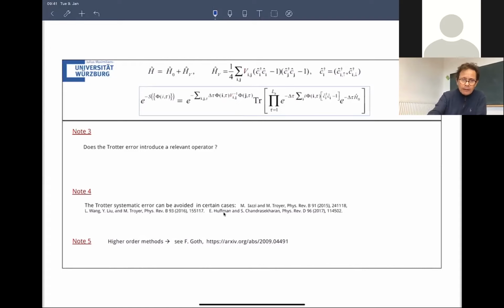You can talk to Emily Huffman about this. And I think that it's not as general as what we can do with the Trotter. And then finally, if you're interested in higher order methods, then you can ask our chairman. He has been working a lot on these Trotter decompositions. So you see, just the time we take for Trotter, you may say it's a detail. It is a detail, but once you really want to get results, you have to be a bit careful about the Trotter decomposition. Okay. So I spent enough time on Trotter.